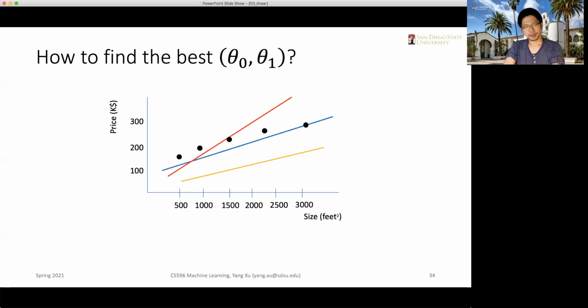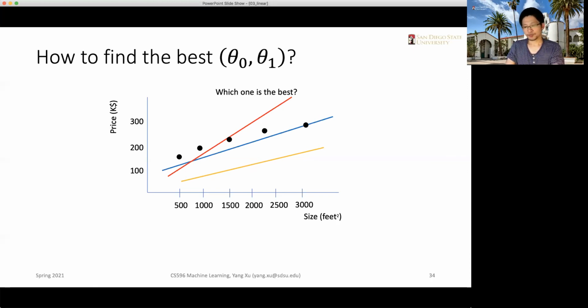So among all these 3 curves, I would say the blue one seems a better fit, corresponding to a better theta 0 and theta 1, because it's close to the actual data and describes the trend of the data points.